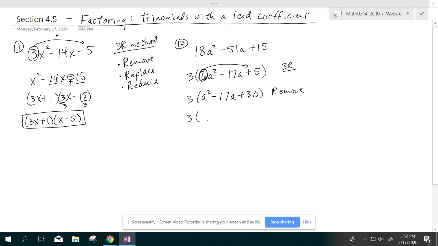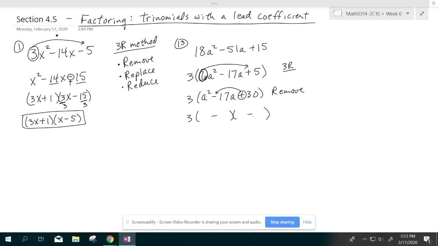Now we have a standard trinomial. Let's F it up. Let's factor it up. Can you read the signs? What are the signs going to be? Yeah, they're both going to be negative. Y'all see how to read the signs?